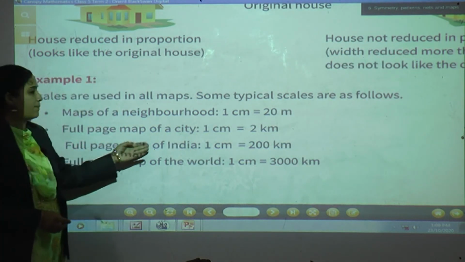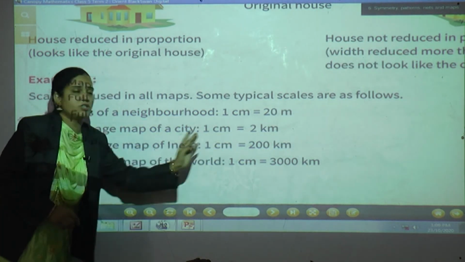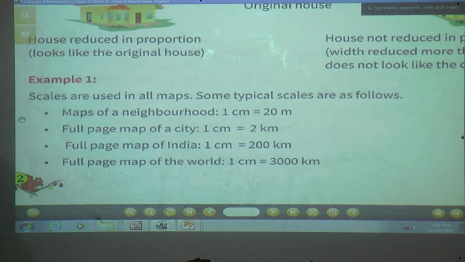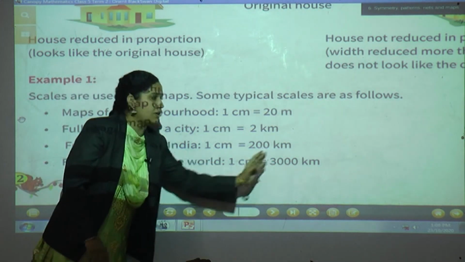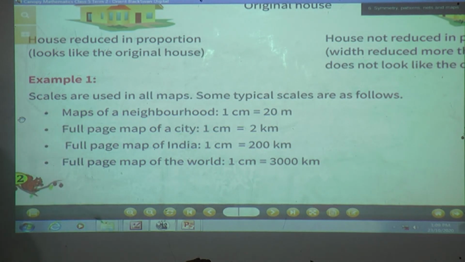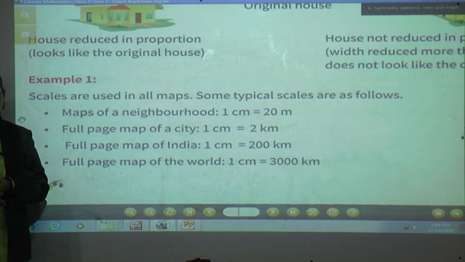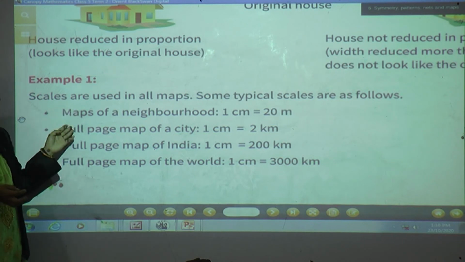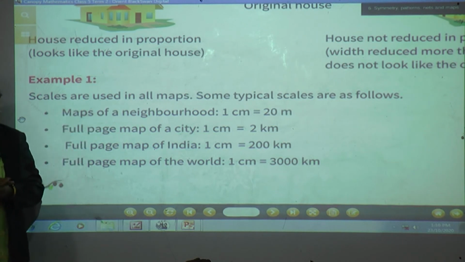Full page map of India: 1 centimeter is equal to 200 kilometers. And full page map of the world: 1 centimeter is equal to 3000 kilometers. These are some types of scales. In graphs I told you about scales, so like this, in maps also there are scales.